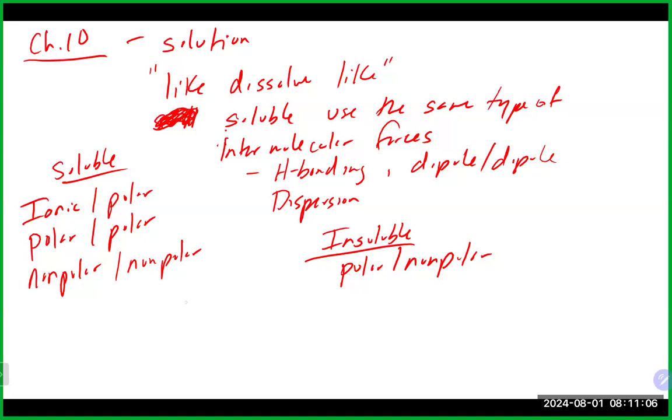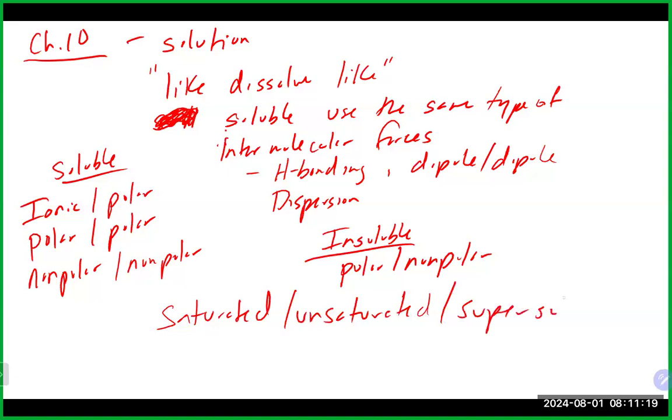We got into saturated solutions, unsaturated solutions, and supersaturated solutions as well. And again, these are different ways you can describe a solution. A saturated solution is a solution where you have hit the maximum amount of solute that will dissolve in that solvent at that given temperature.